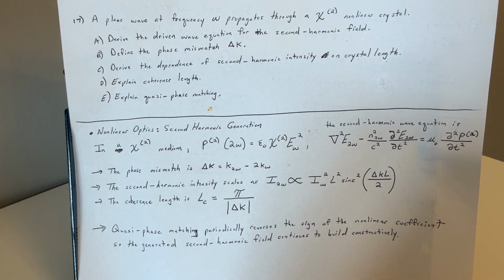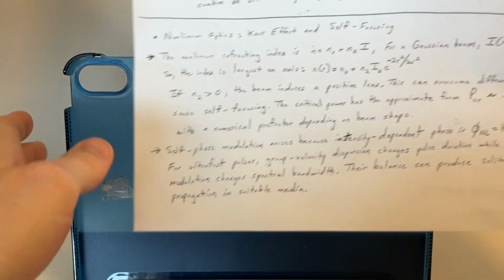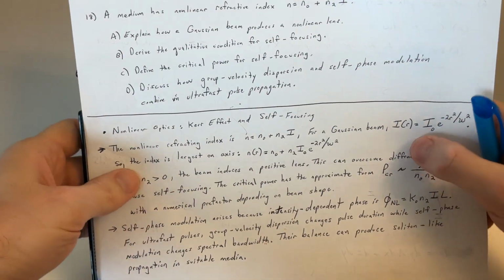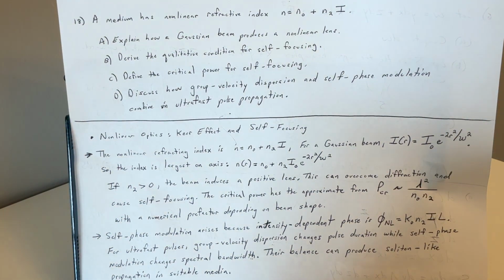Quasi-phase matching periodically reverses the sign of the nonlinear coefficient, so the generated second harmonic field continues to build constructively. Okay, so that's number 17, textbook. A lot of it's textbook stuff. This is also a lot of textbook conceptual stuff for 18, and this is the last one.